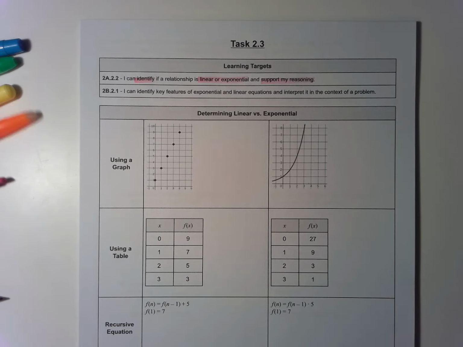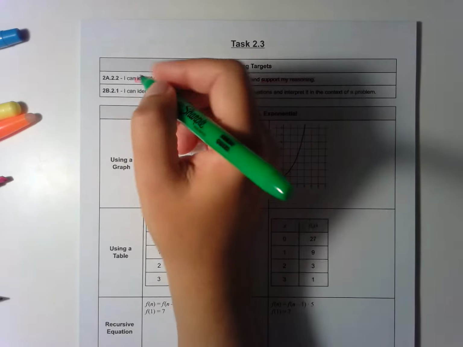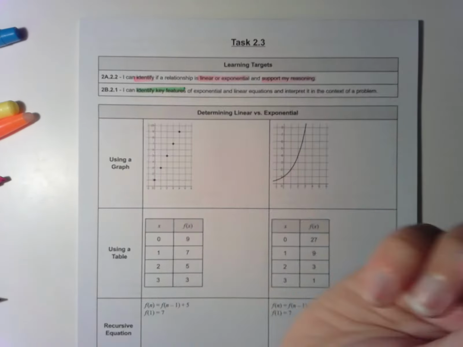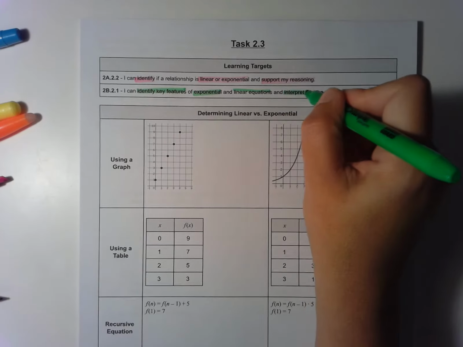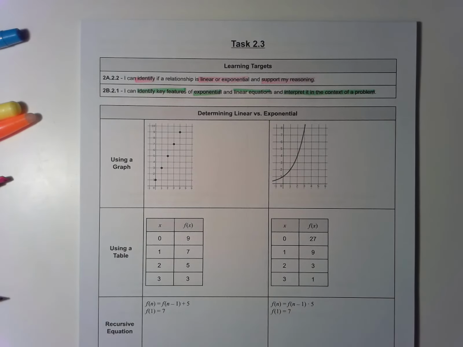Now, the second big idea of today is I can identify key features of exponential and linear equations and interpret them in the context of a problem. There are two pieces to this learning target, really.